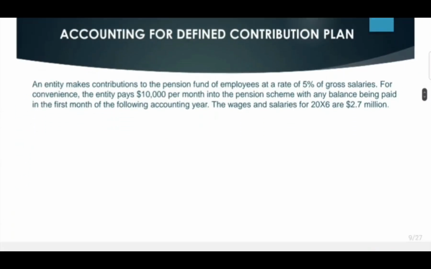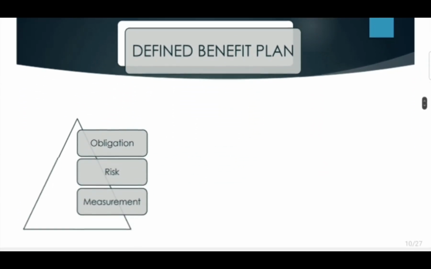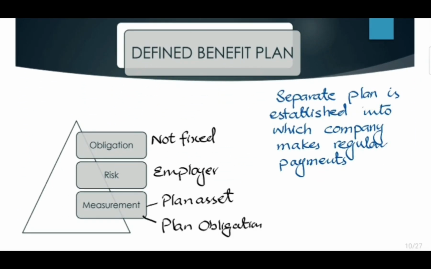Next is about defined benefit plan. This is a separate plan that is established, into which the company makes regular payment. The obligation of the company is not fixed, as the company guarantees a promised level of pension benefit to the employee. The entity has to pay further to meet the promised level of pension obligation.